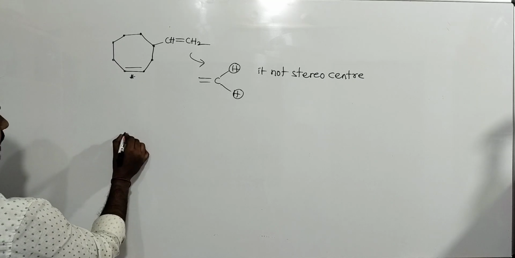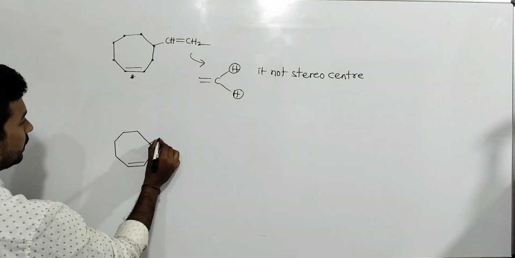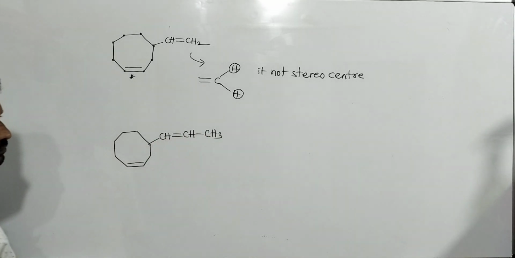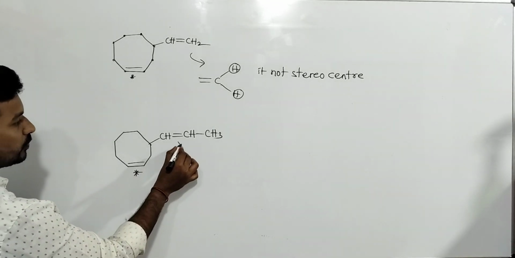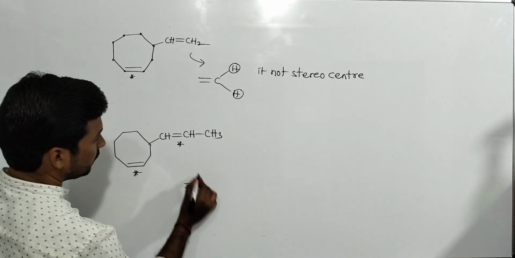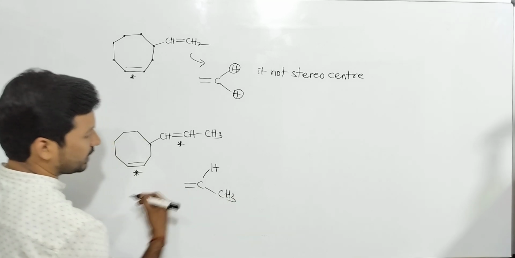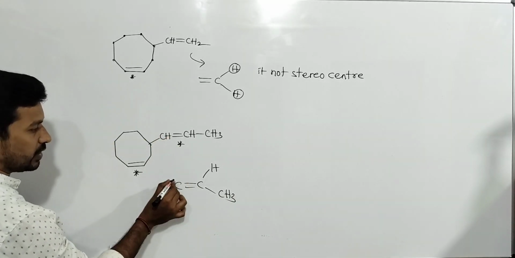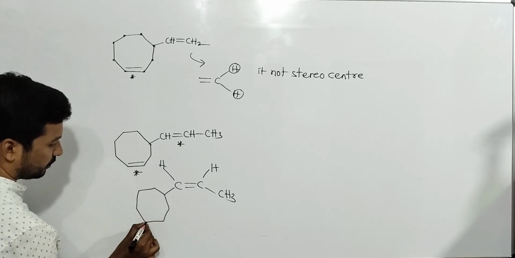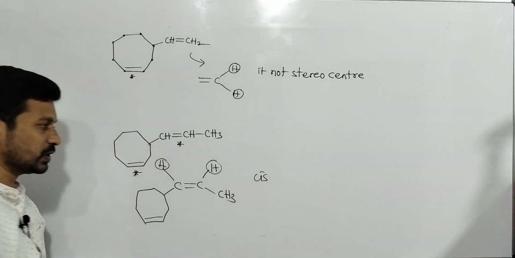Okay, so if you write like this, a double bond here, CH double bond CH3, 2 stereo centers, 1, 2. Here cyclooctane geometrical isomerism is possible, and here CH, and for this what is the other group? Methyl. Are they different groups? Yes. For this carbon, one is hydrogen like this, the other is the cyclooctane group. All are different. 2 hydrogens on the same side: cis. Possible or not? Yes, possible.